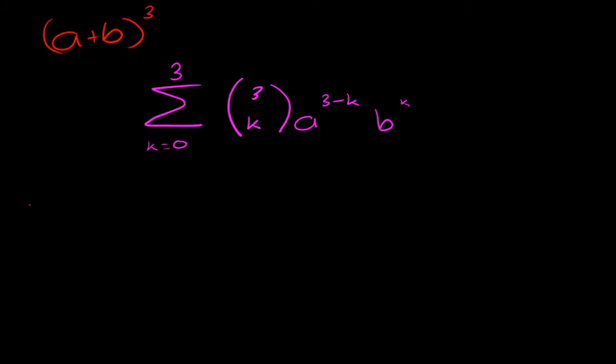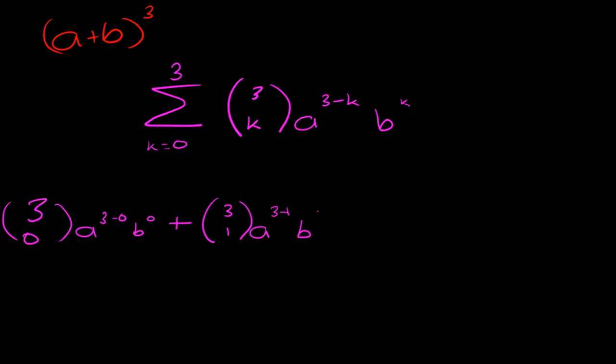When k is 0, you have 3 choose 0 times a to the power 3 minus 0 times b to the power 0. Plus, when k is 1, you have 3 choose 1 times a to the power 3 minus 1 times b to the power 1.